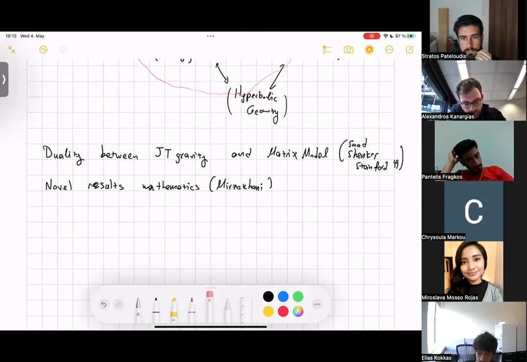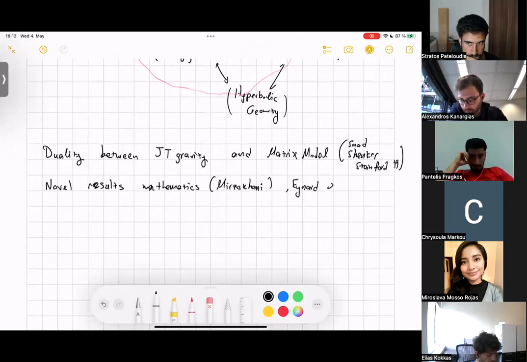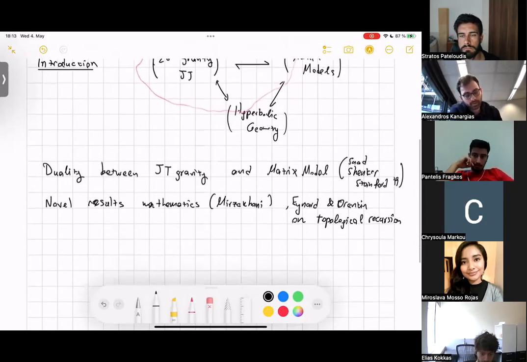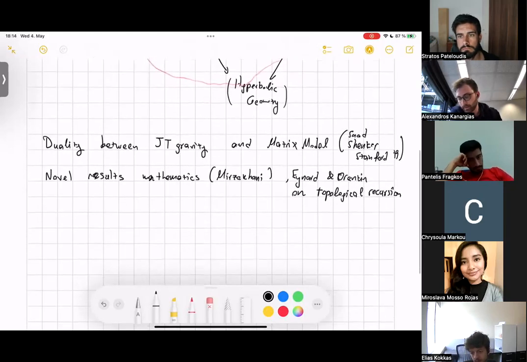She was a mathematician that earned the Fields Medal, and the work by Eynard and Orantin. I will write here, it's called topological recursion, but in our case, it's matrix model. This whole story was very much based on works by these people as well.